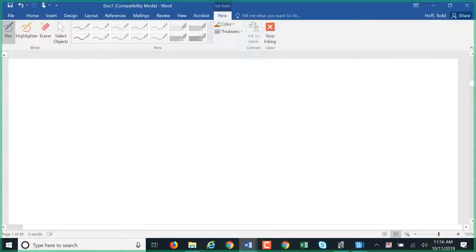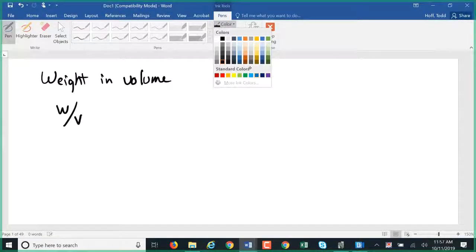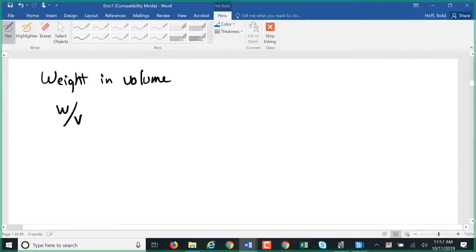So one of our concentrations that we use is weight over volume, W/V. And this is the weight or mass of the medication. We use the term weight even though the units we're going to give are mass.